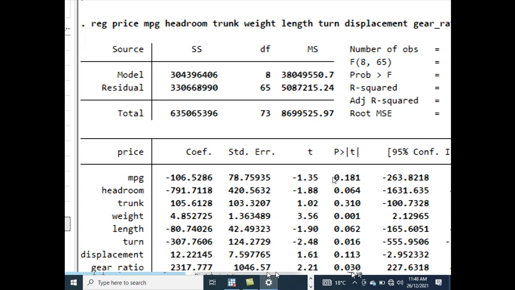Although your fitted model is here, the numbers below the word coefficient are actually the fitted model. You can consider price as your y variable and these variables as your x variables: mpg can be x1, headroom x2, and so on. And these are those beta hats.